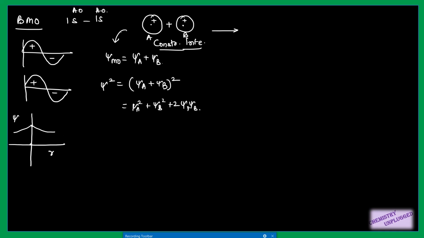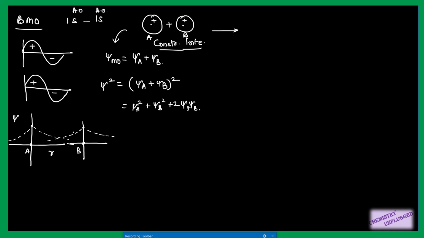So suppose this is the relationship between psi and R for atomic orbital A. When it mixes with the atomic orbital of B, these two will come close to each other, right? So you can write it like this, they are mixing together like this. This is the nucleus of these two atomic orbitals, this is for A, this is for B, right?